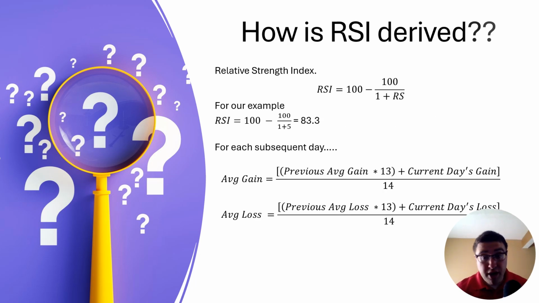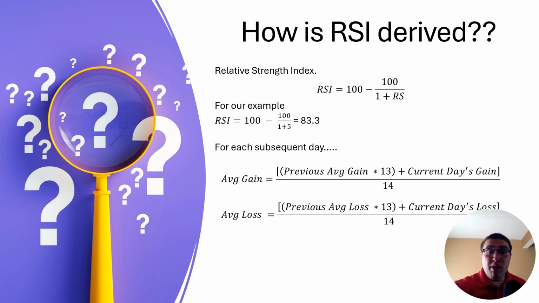Now, relative strength index, okay? So the RSI itself is 100 minus 100 divided by 1 plus RS to start out with. So easy math, 100 minus 100 over 1 plus 5 equals 83.3, which would be an overbought RSI.